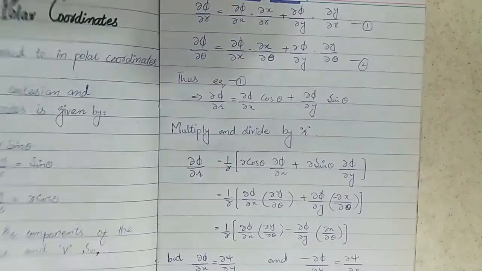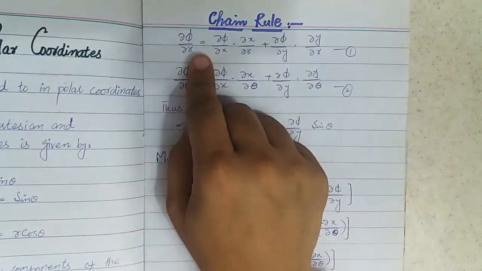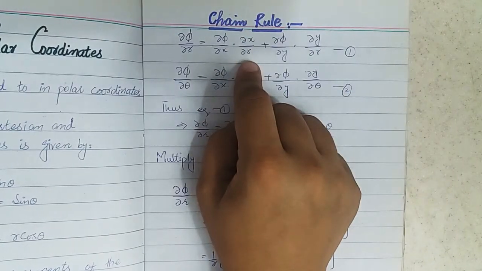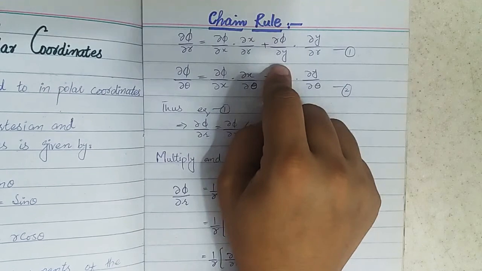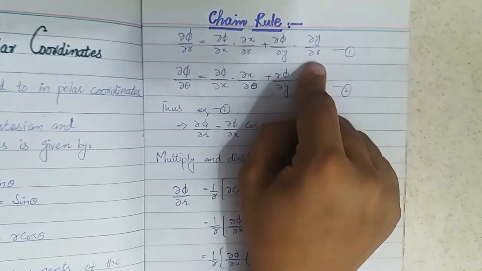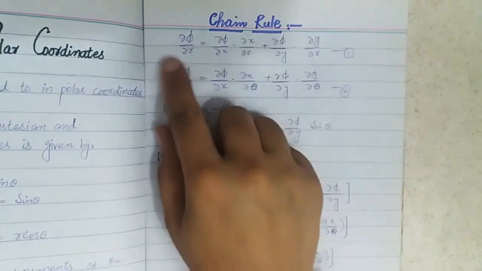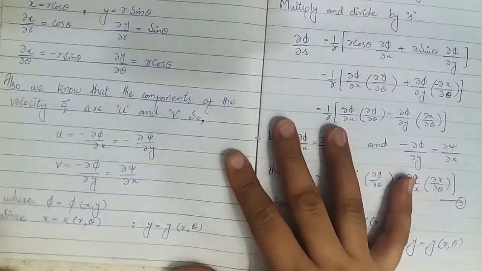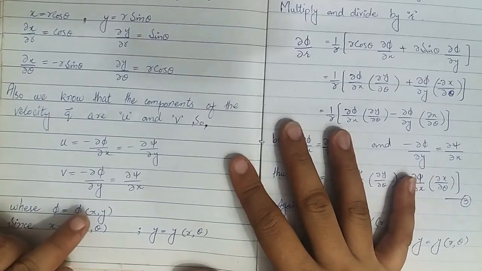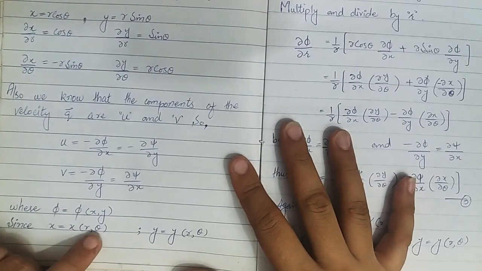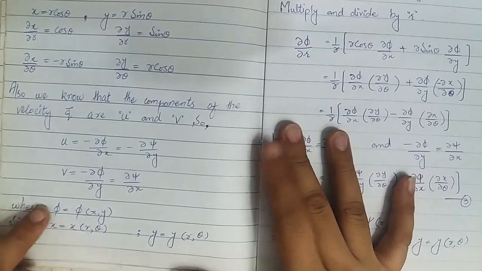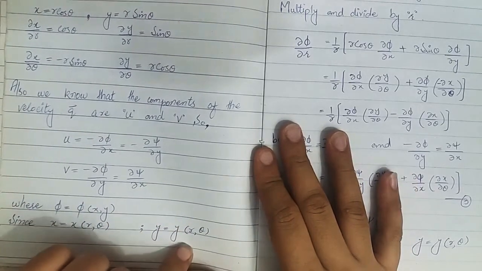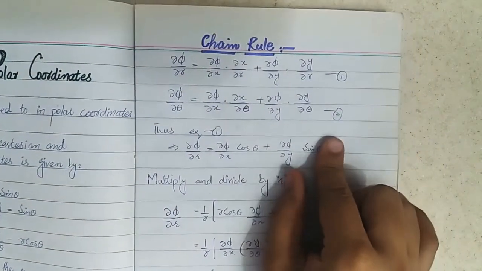When we take partial phi by partial r, this will be equal to partial phi by partial x into partial x by partial r, plus partial phi by partial y into partial y by partial r. Similarly, for phi with respect to theta, we take partial phi by partial x into partial x by partial theta, plus partial phi by partial y into partial y by partial theta. That gives us equation 2.